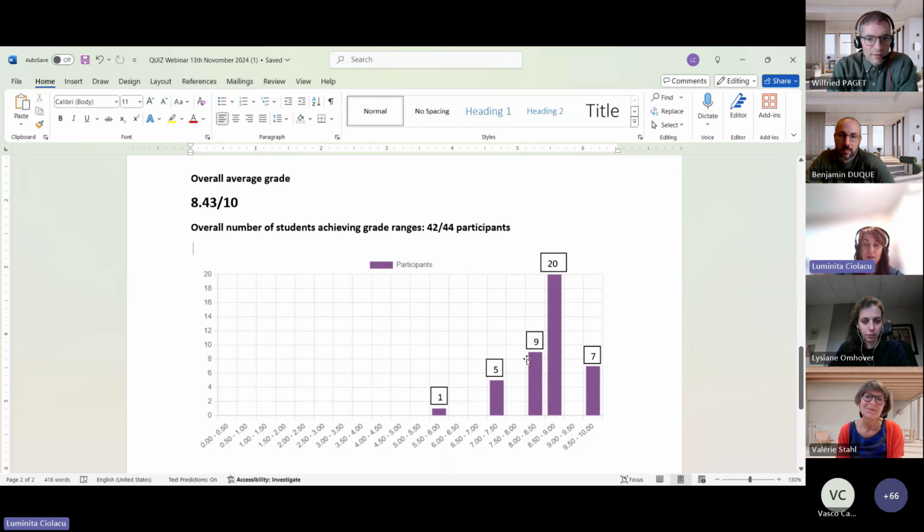The majority of the respondents are between 8.40 and 9, so 20 of the participants have this average grade. We had a total of 44 participants, but only 43 finished the quiz. And here is the distribution of the grades. I think this is a great result. You have some knowledge, but go on the Moodle platform, follow the e-learning training, and you will improve for sure.